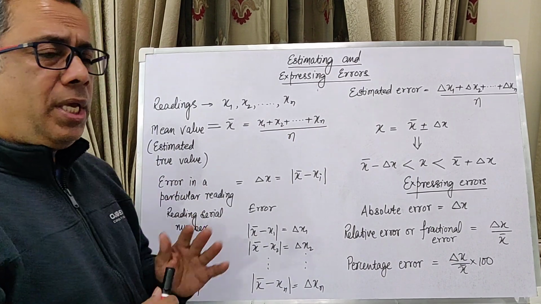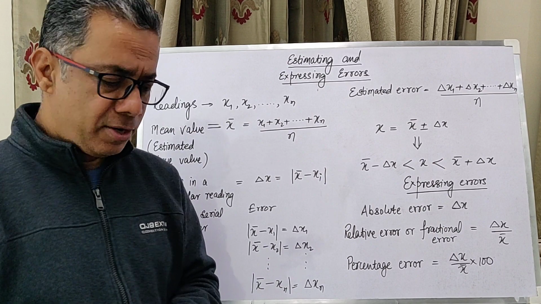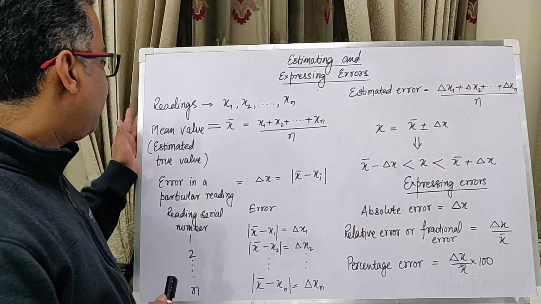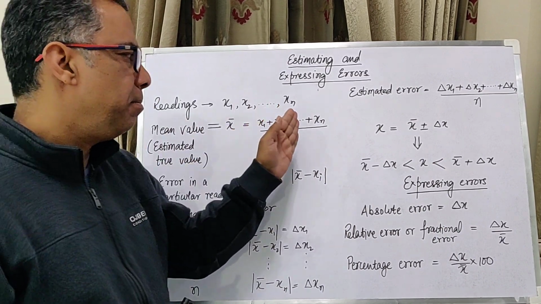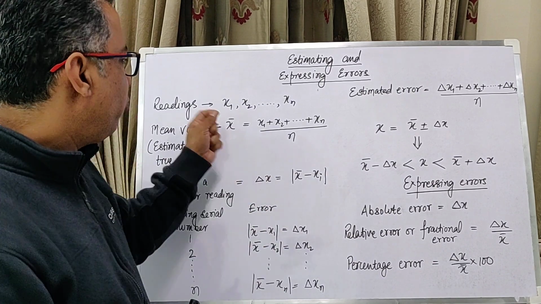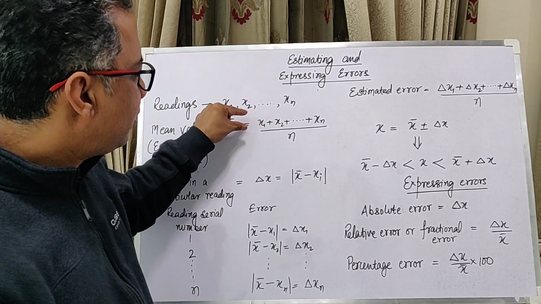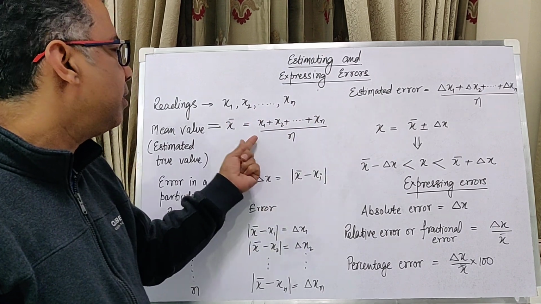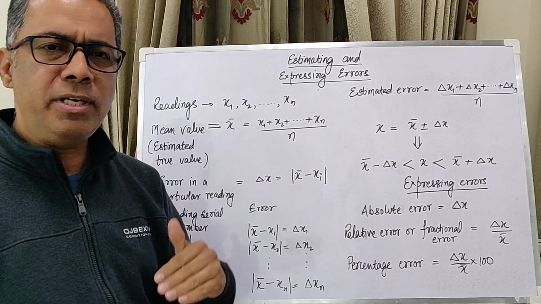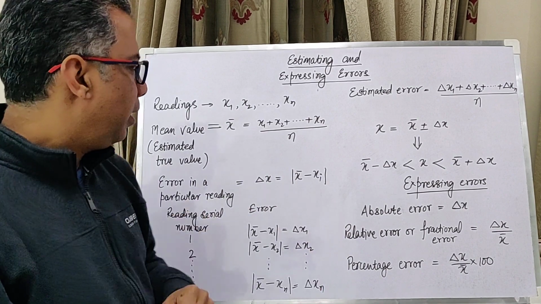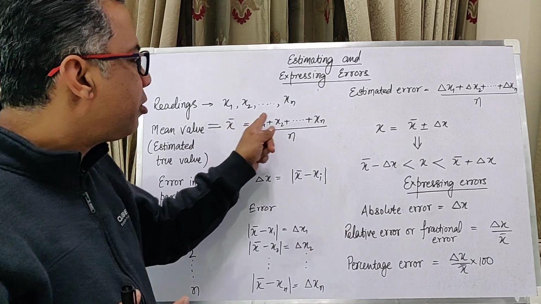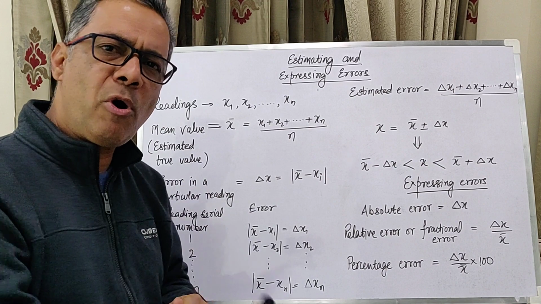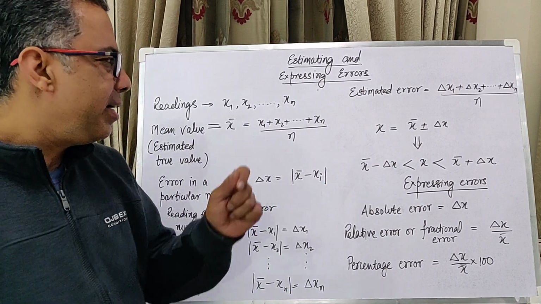Then we estimate its true value, and true value is always estimated to be the mean value. So we take a lot of readings and take a mean, and that mean represents for us an estimate of the true value. Now, larger the number of readings, smaller the random error.